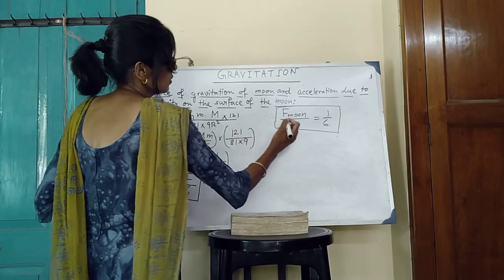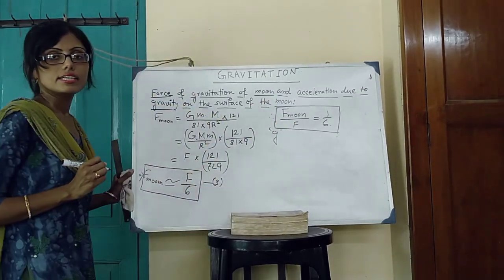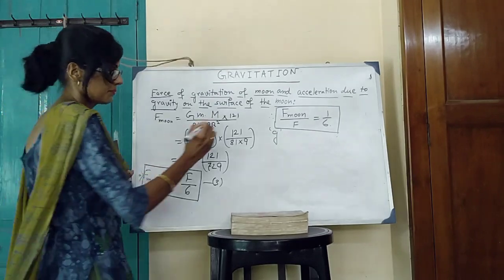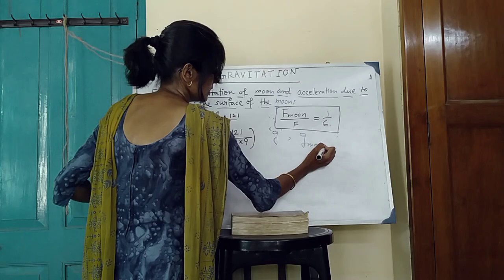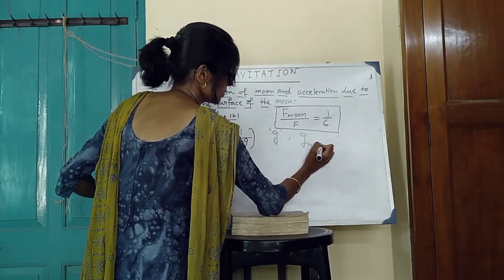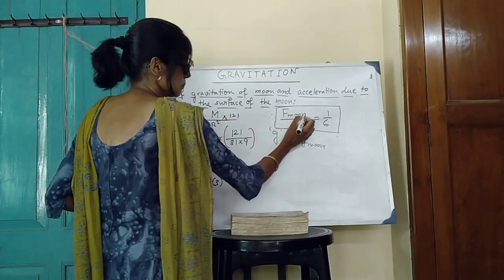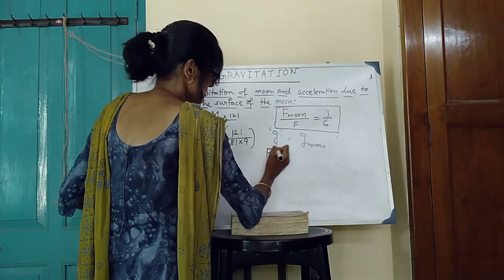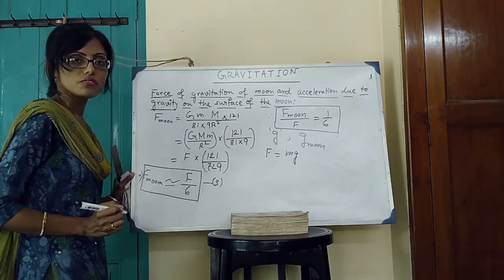Now suppose small g is acceleration due to gravity on the surface of earth. Small g moon is acceleration due to gravity on the surface of moon. The weight of the body, that is the force, is equal to mg on the surface of earth.